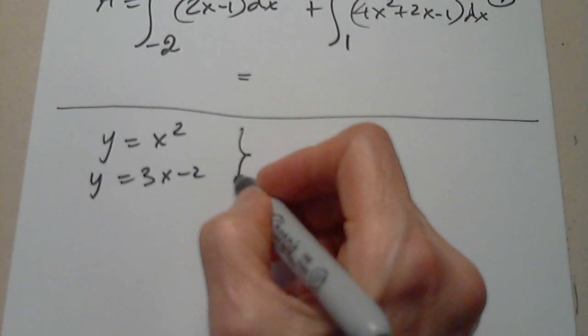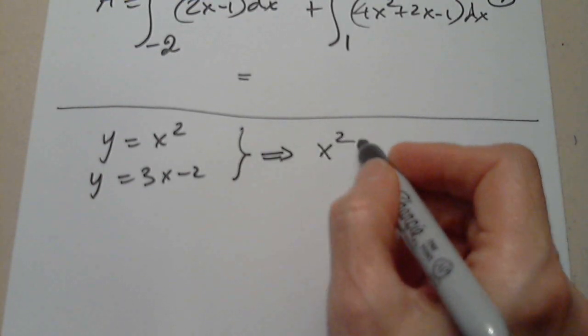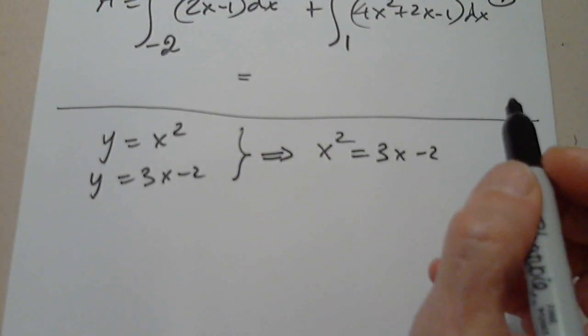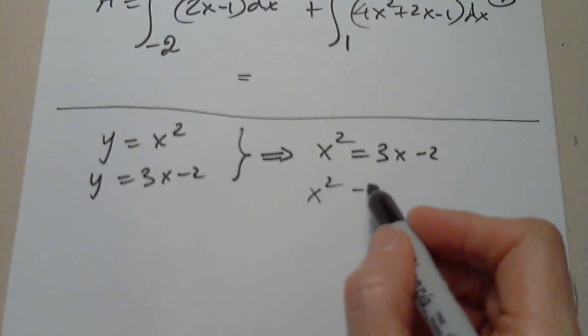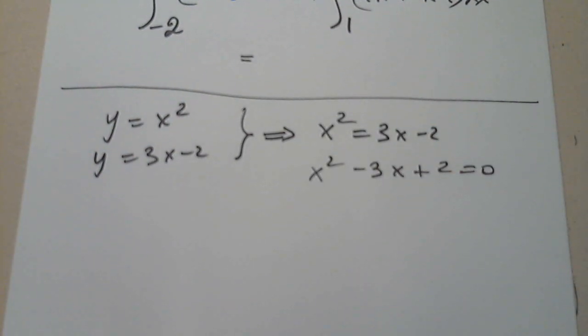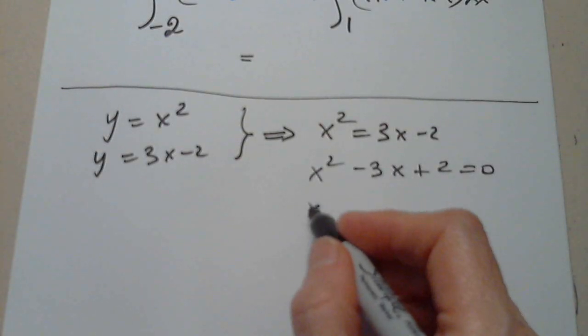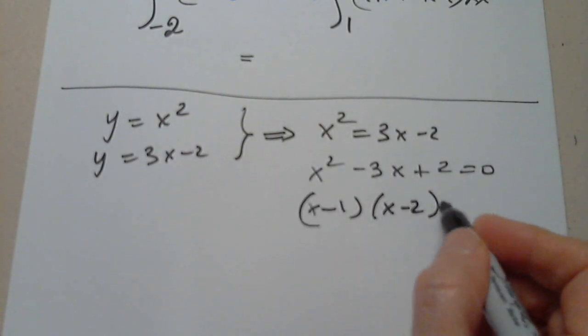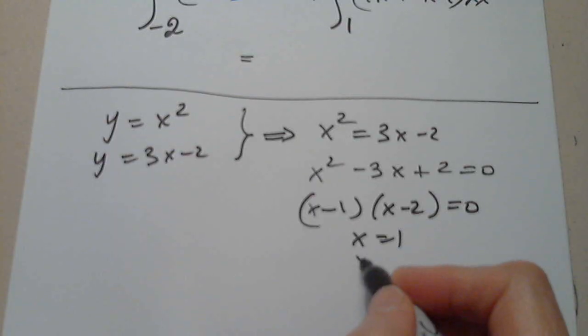So first of all, I find the points of intersection when x squared equals 3x minus 2. Well, this is quadratic. I have to set it equal to 0. You can use the apps to find the solutions, but this is too easy. It is x minus 1 and x minus 2. So x equals 1 and x equals 2.